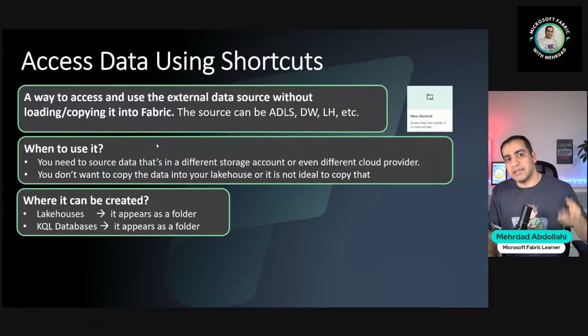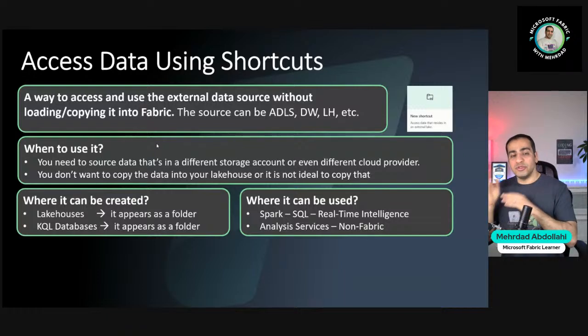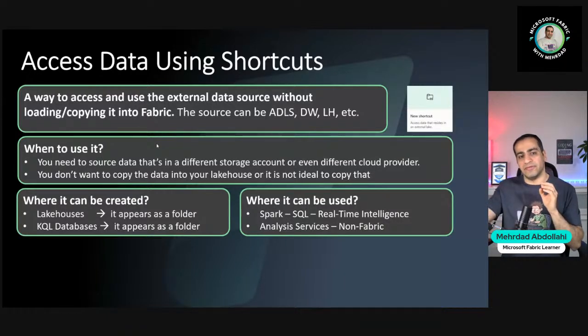When we create a shortcut, basically it appears as a folder underneath the Lakehouse. And shortcuts can be used by almost all sections of Microsoft Fabric. You can use them in Spark, SQL, real-time intelligence, analysis services, and so on. Even the shortcut sources can be used outside of Fabric by using the APIs.